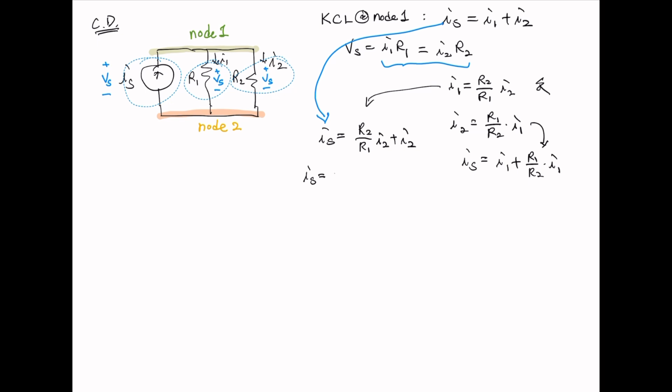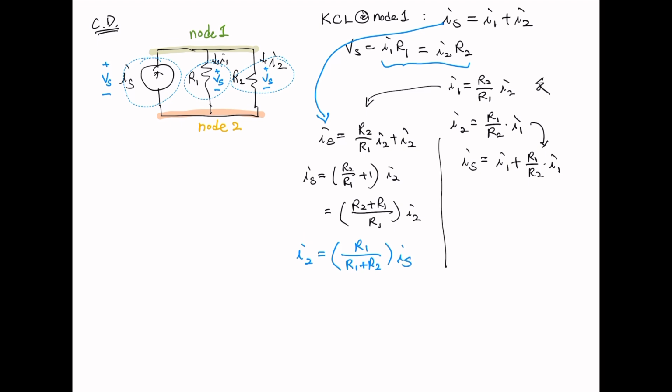Then we have Is equals R2 over R1 plus 1 times I2. And that is R2 plus R1 over R1 if you make a common denominator. Then finally we have I2 equals R1 over R1 plus R2, this whole thing times Is.